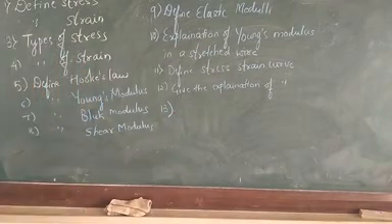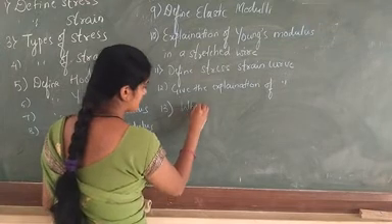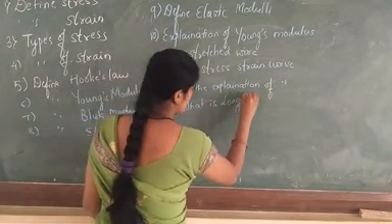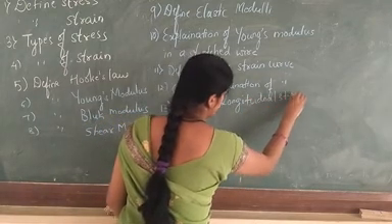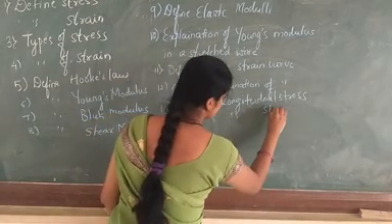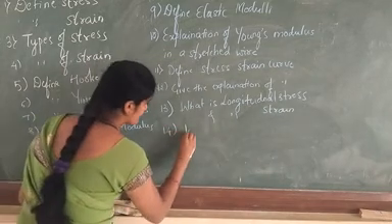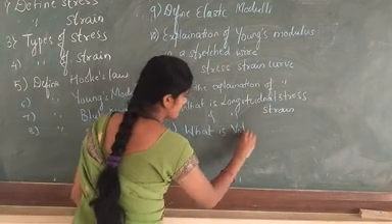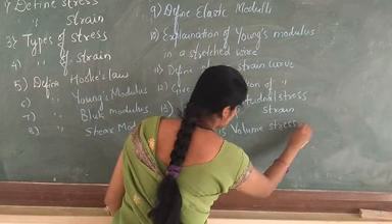Next we have to study types of stress. We have to study what is longitudinal stress and longitudinal strain. In the same way, again we have to study what is varying stress and varying strain.